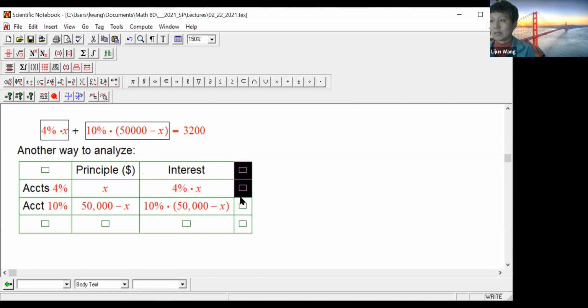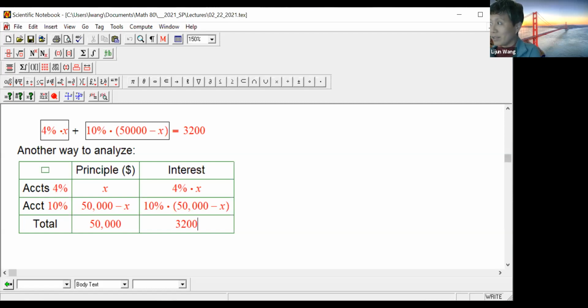And we don't need these anymore, right? The last row, I'm going to use it for total. We have two totals. One total is 50,000. And the other total is a total interest. You see, they are in each of their category. Do you follow me, you guys?